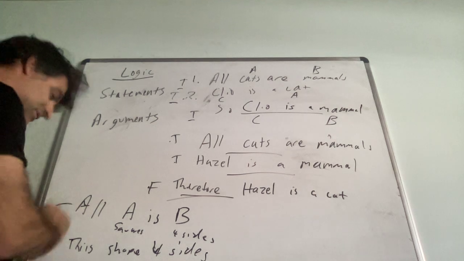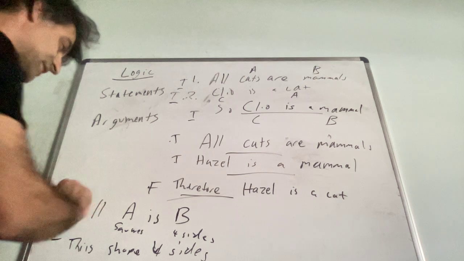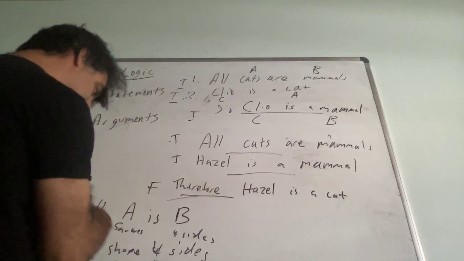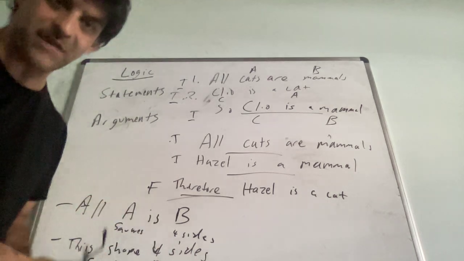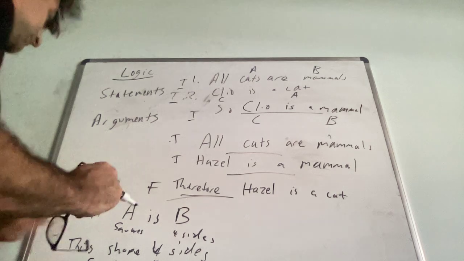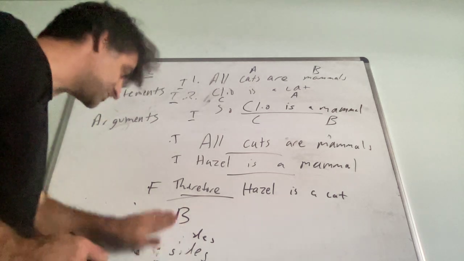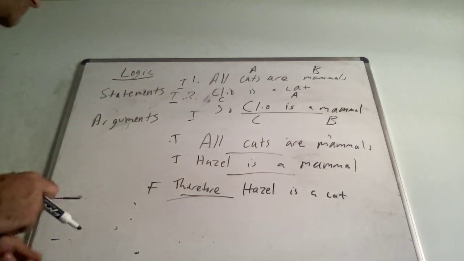This shape has four sides, therefore it's a square. That is bad reasoning, right? That's all A is B. C is B, right? This shape has four sides, therefore it must be a square. No, that's bad reasoning. Okay. We'll work on this. We'll look at examples in other videos to pin this down.